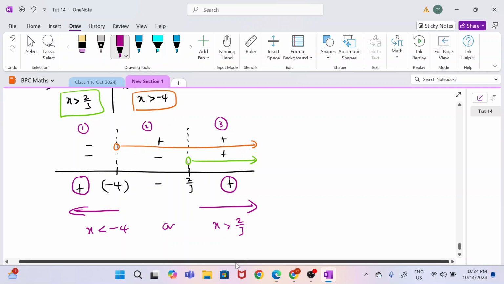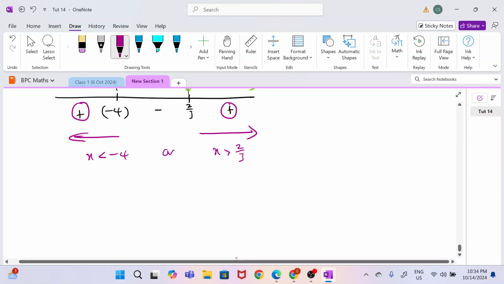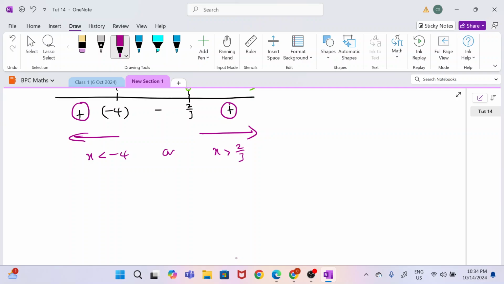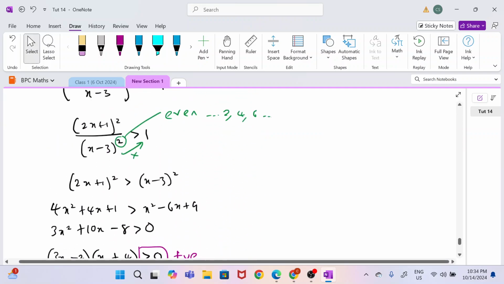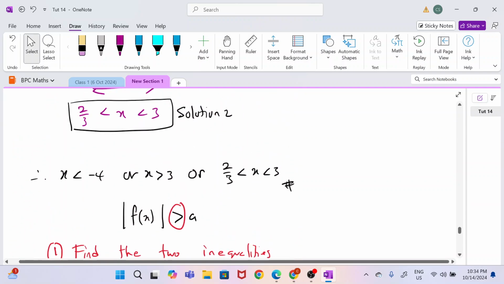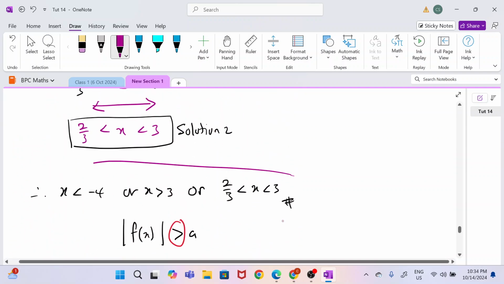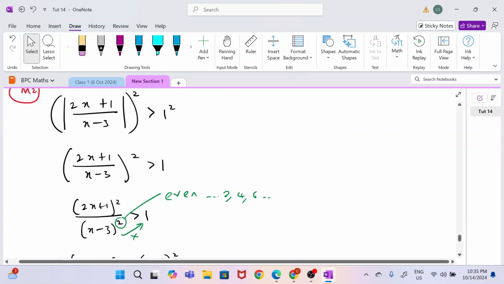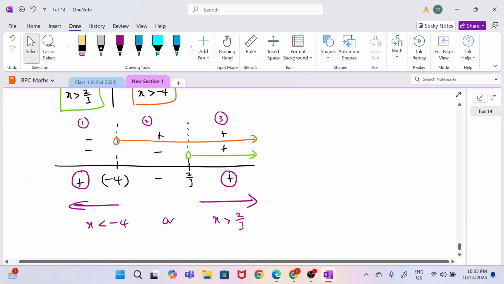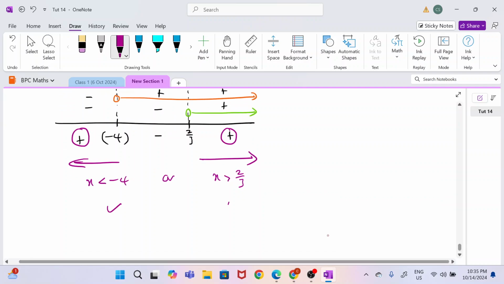Now in this case, you can see that the answer is x less than -4, x greater than 2/3. Now the question is, in the previous question we had 3 answers, 1, 2, 3, but when we do the second method we only have 2 answers, 1, 2.